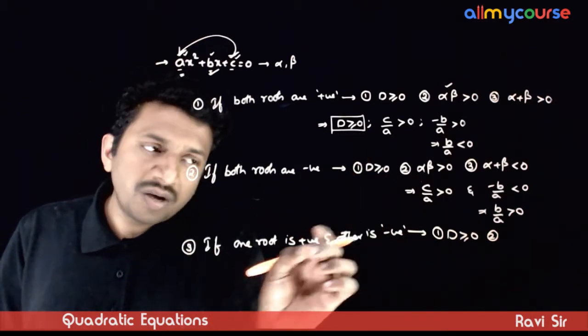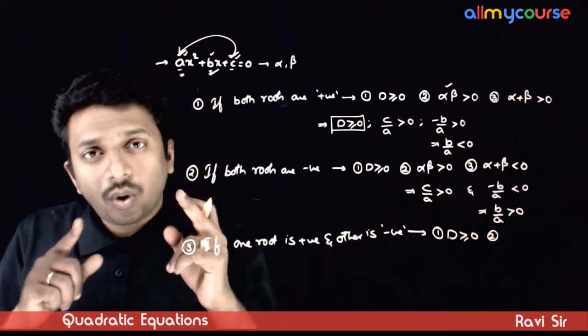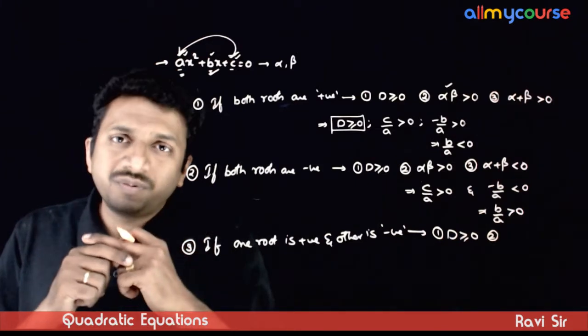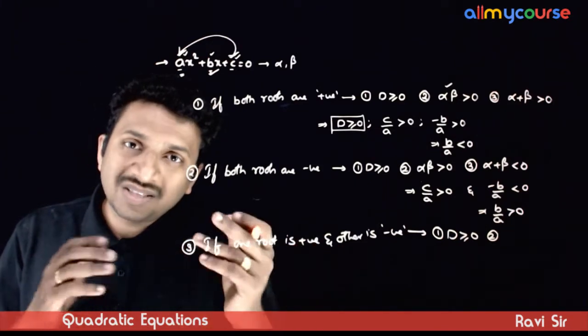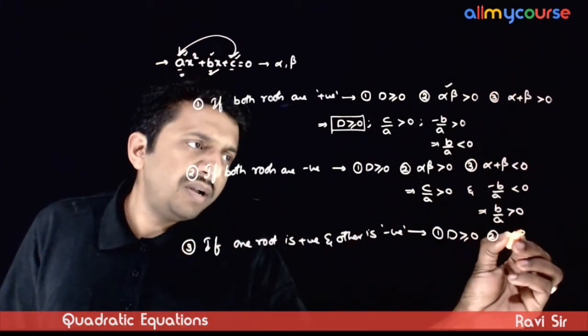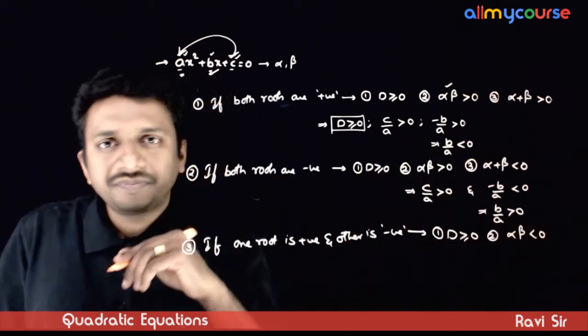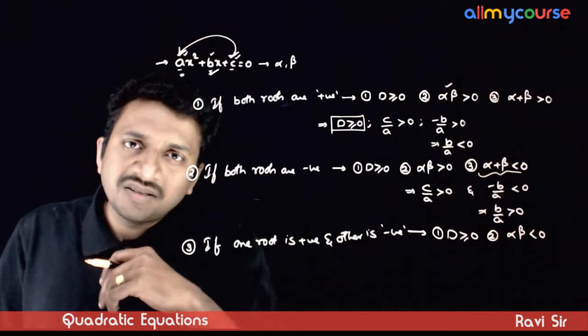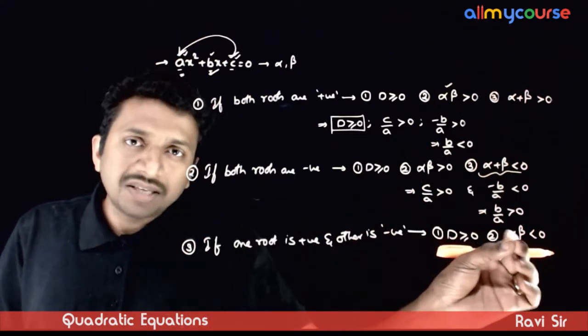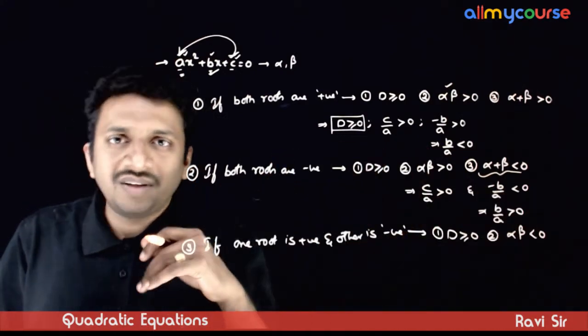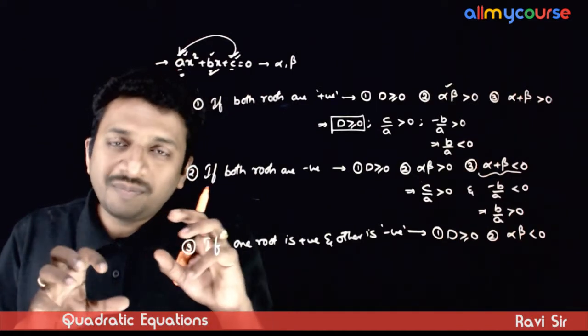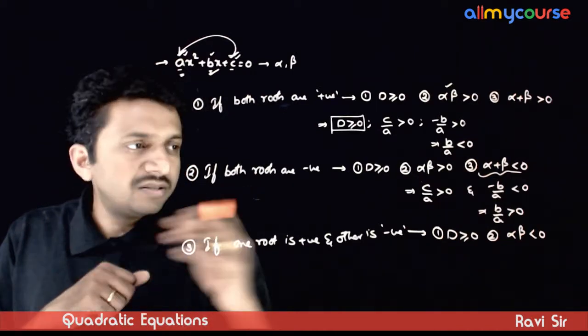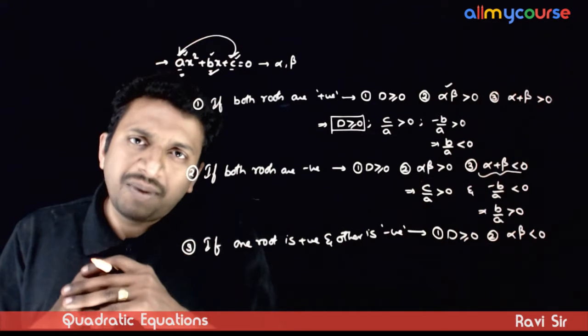If one root is positive and the other root is negative, what is the product of those two? Obviously the product of those two is negative. So alpha beta is less than 0. And you don't need a condition about alpha plus beta this time. So as long as alpha beta is negative, we can say that both alpha and beta are of opposite signs. So this time alpha plus beta does not really matter.